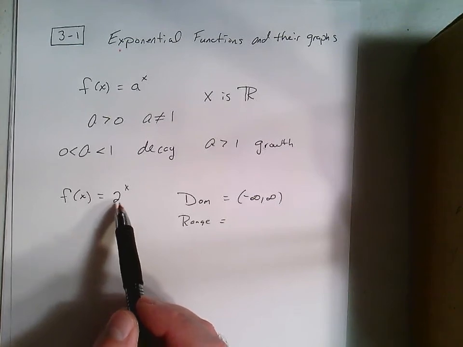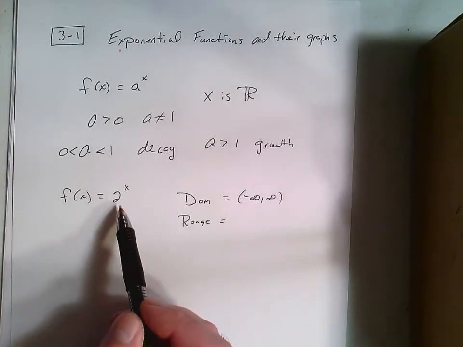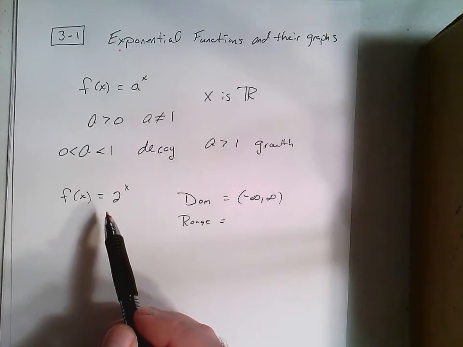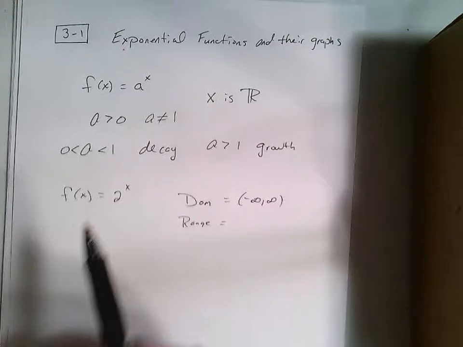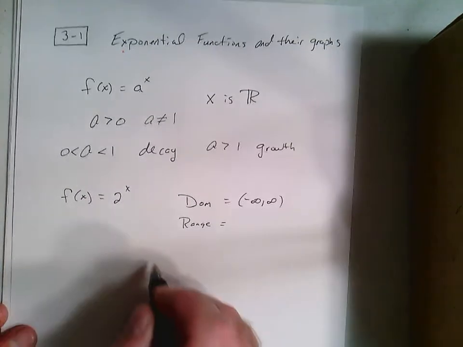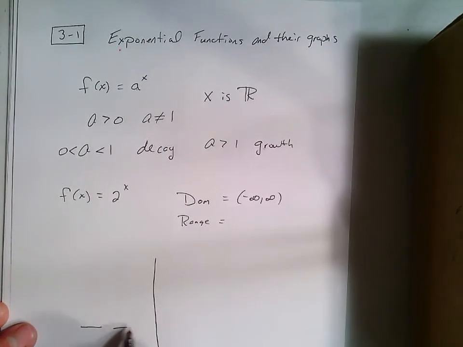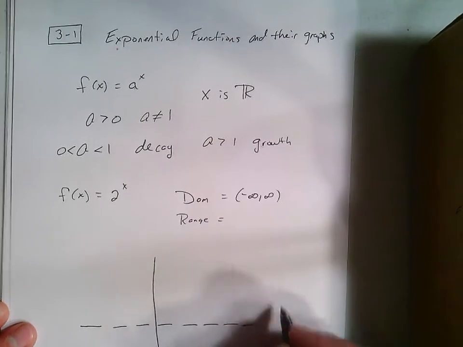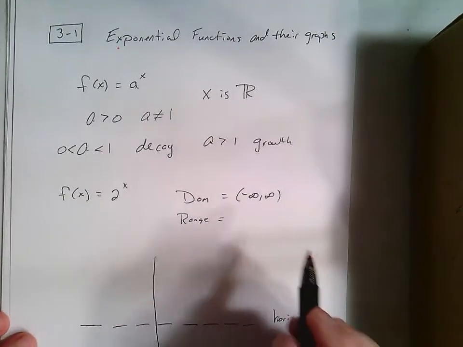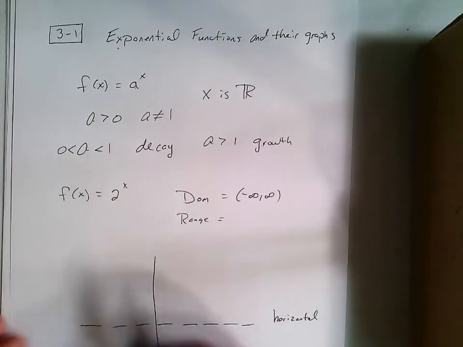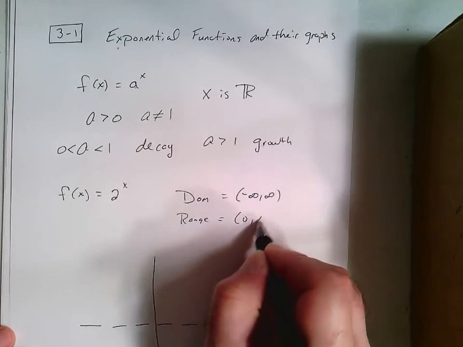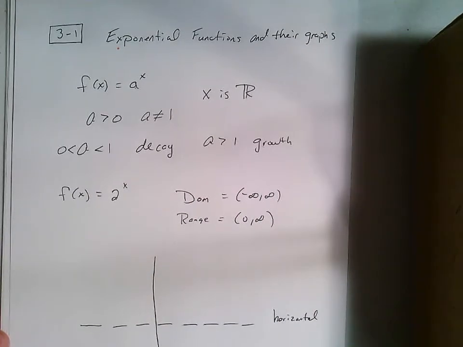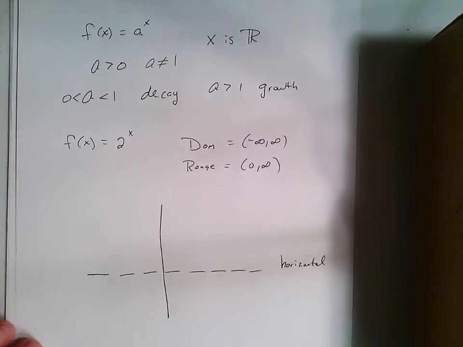Then a half times a half times a half, as you're doing the exponent function, it's just going to keep getting smaller and smaller, continually approaching 0. So we have this horizontal asymptote at 0. And because that's always positive, the graph is always going to be above the x-axis.